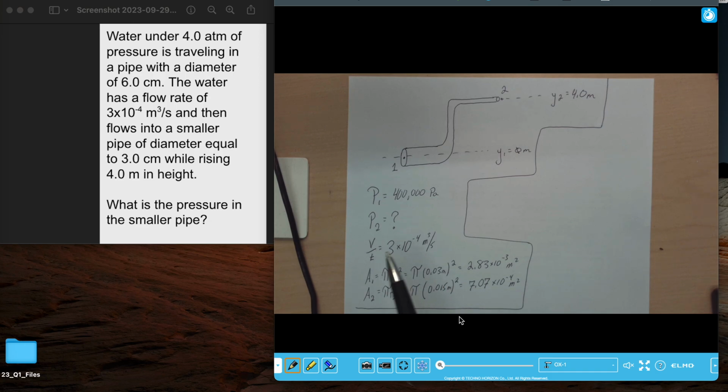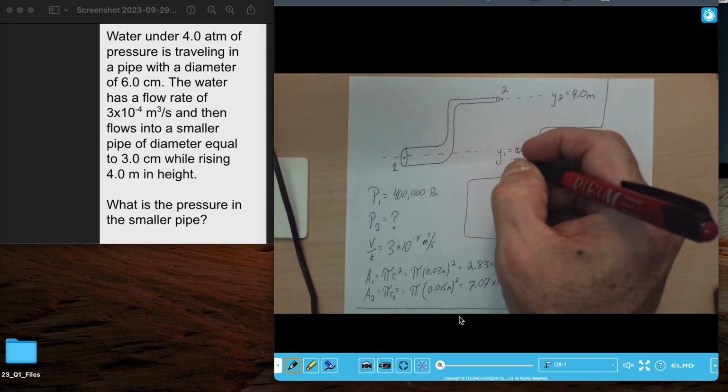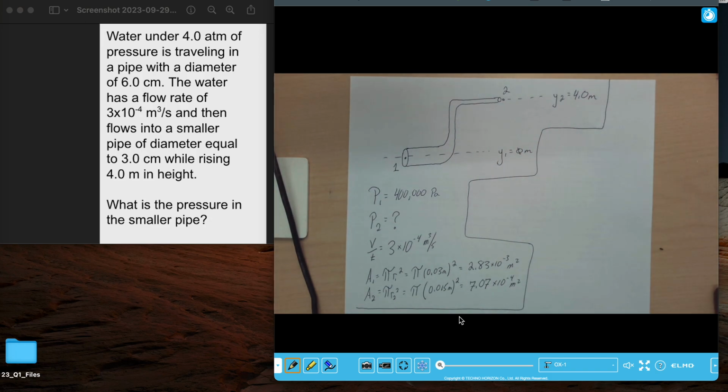There's the volume per time. And then it flows into a smaller pipe of a diameter equal to 3 centimeters, which is right here. And that pipe up top will have a cross-sectional area of pi times r squared, is this number here. And it also goes up 4 meters in height, so I've labeled y1 as 0 and y2 as 4, right?